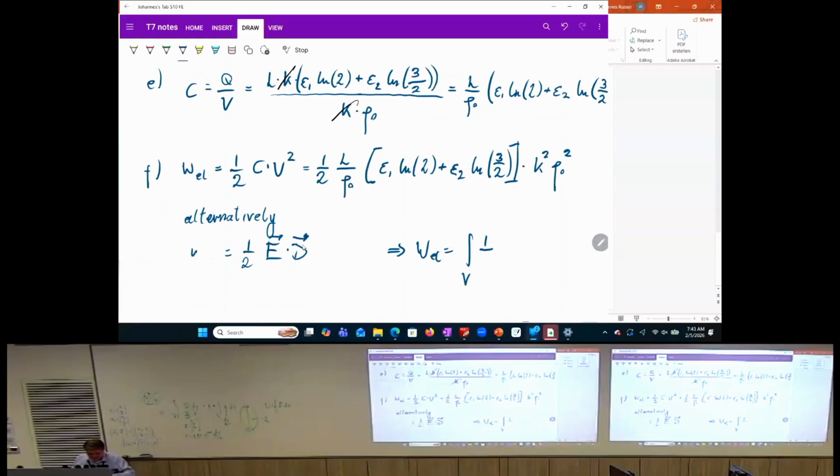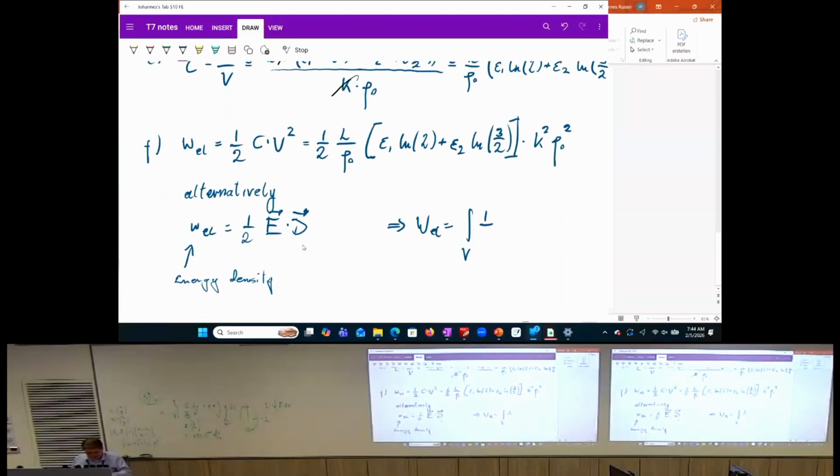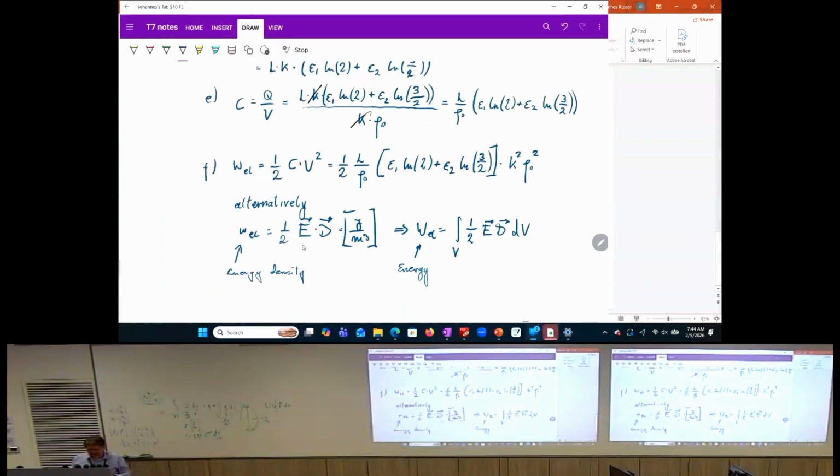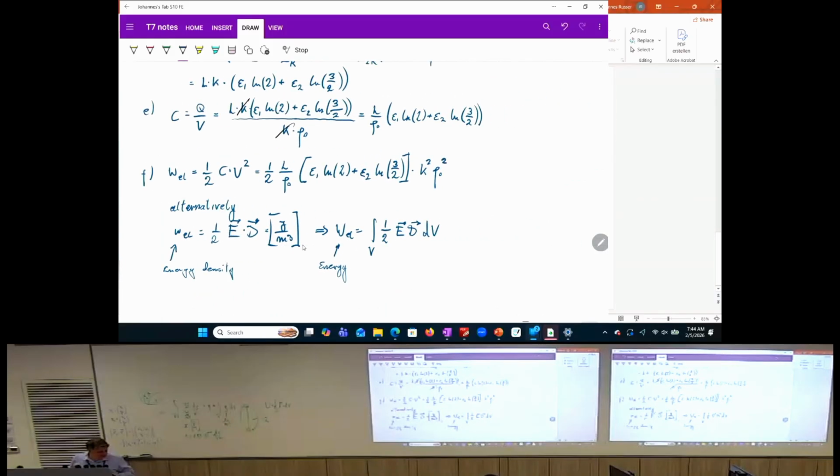This is the small w, the energy density, with joule per cubic meter as a unit. And the large W, the complete energy, is obtained by taking the volume integral over the energy density. That would be the alternative, but we already have the formula for the capacitance, so that is more straightforward at that point of time.